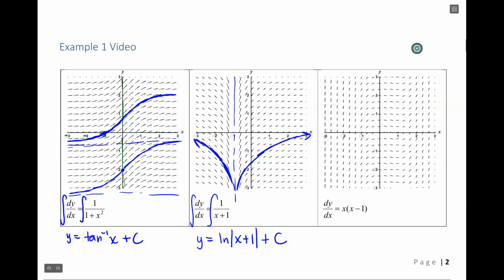For the last one, say I pick the origin again, it looks like I need to go down a little bit as I head to my right, and then we know they're flat at 1, and then it heads up and just gets steeper and steeper and steeper. On the left, it looks like I need to go up a little and then just get steeper and steeper and steeper again.